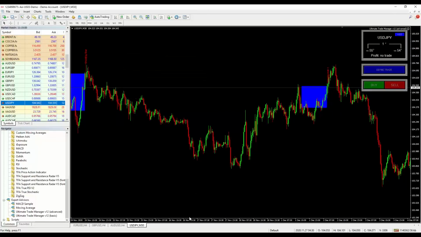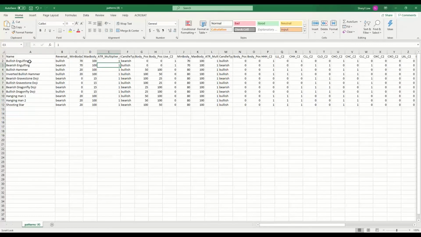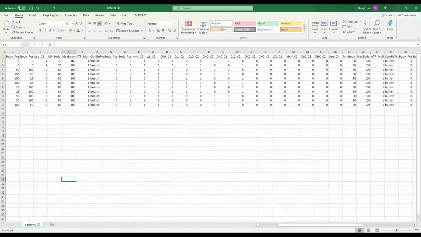Of course, we can scan for many different kinds of patterns. I have to confess I have not added in all the different patterns here yet. But you can add in many other patterns to scan for more different things, because adding each pattern requires me to go through so many different explanations.